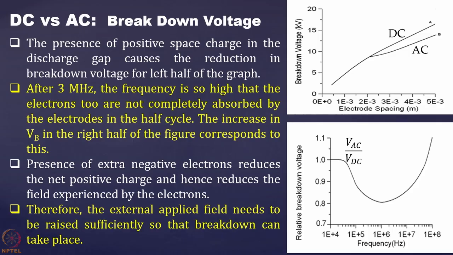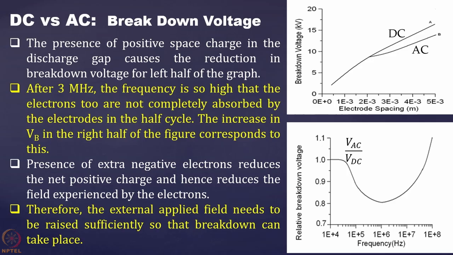So at that time, what is the role of the electrodes? They don't have any role. So at that time you can take the electrodes outside the discharge tube. Then you have a plasma contained within a tube and the electrodes staying outside, operating at very high frequency. This kind of discharge where the electrodes are put outside is called an electrodeless discharge.